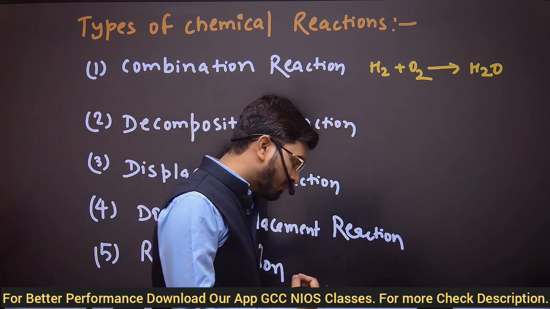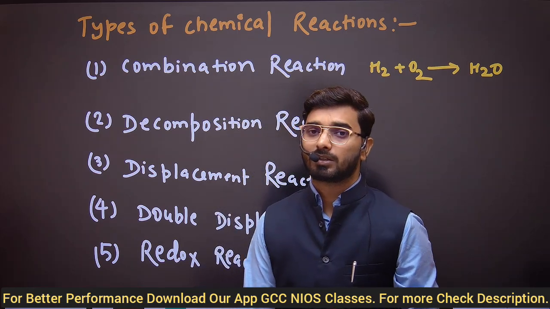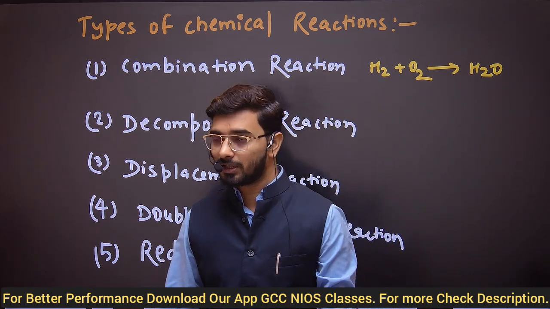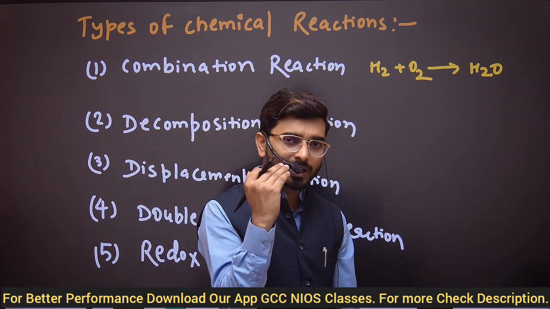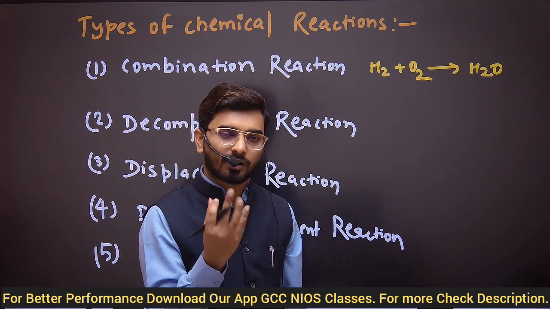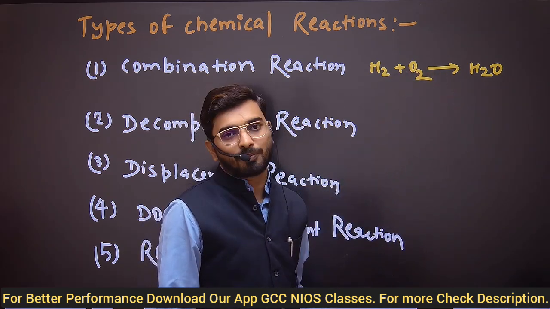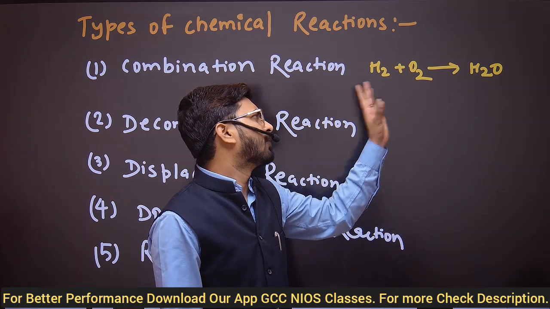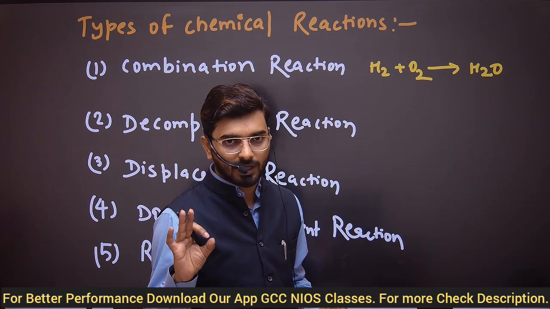When two or more reactants combine to form a single product, that type of reaction is known as a combination reaction. It's very easy to find whether it is a combination reaction or not. The condition is very simple: the number of products should be 1 and the number of reactants may be 2 minimum, or more than 2, right?